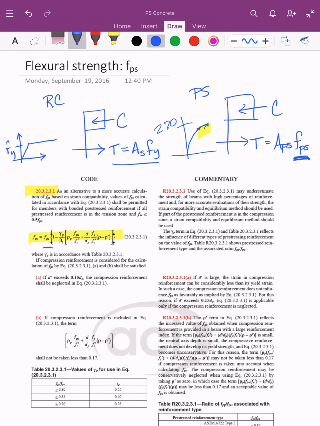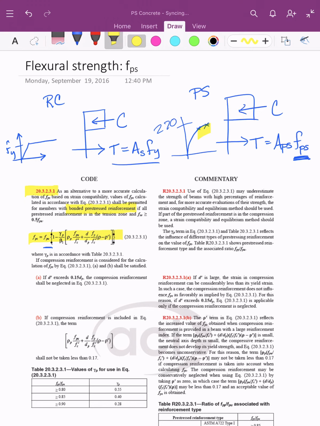If you read carefully in the commentary on this section, it talks a little bit about the terms, but it also talks about something specific here. This says you're allowed to use this for bonded pre-stressed reinforcement. Okay, so this is bonded tendon, so this is pre-tensioned or post-tensioned with the grout inside the cross section, all bonded together.